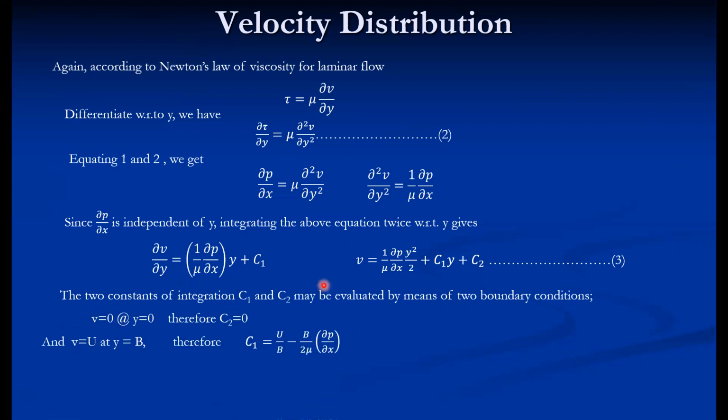Similarly, at the upper plate, that is at y is equal to b, the velocity is the plate velocity, capital U. If we put these boundary conditions, we get C1 is equal to u by b minus b upon twice mu delta p by delta x.